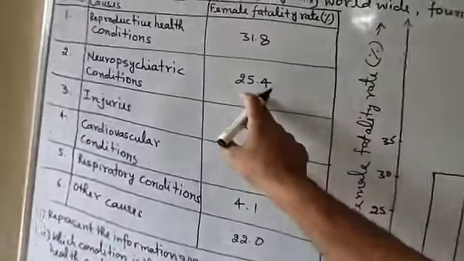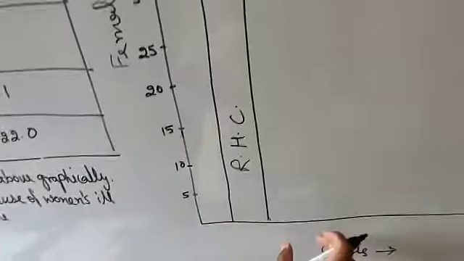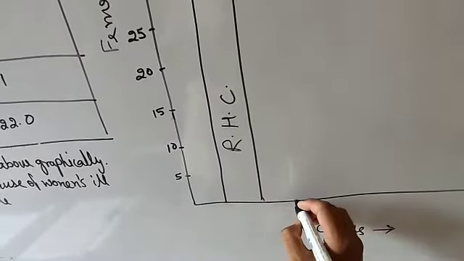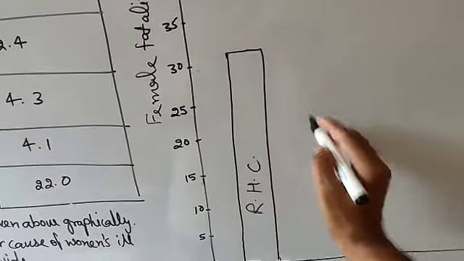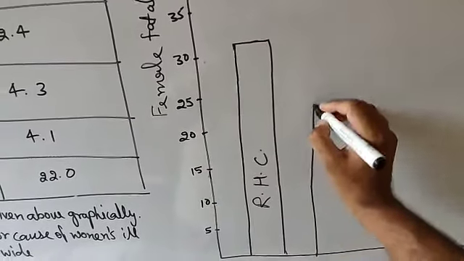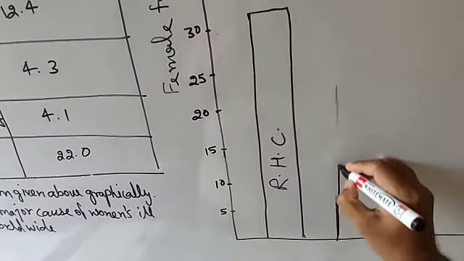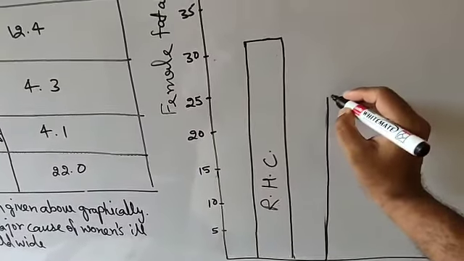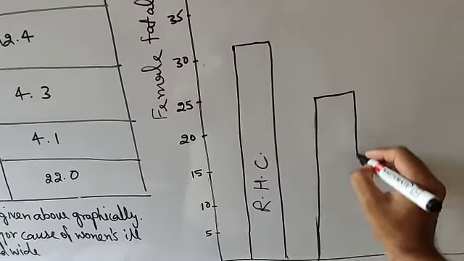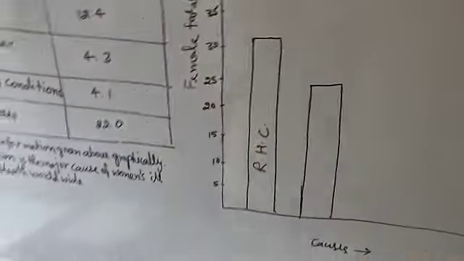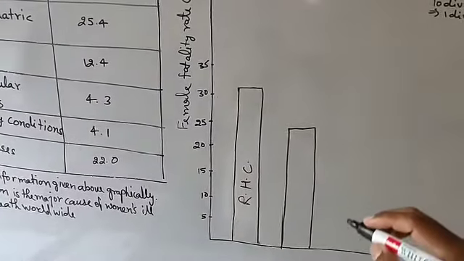Now the next one is 25.4. So leave that space. Again equal gap should be there. So here you need to leave that space, and after that 25.4. So 25 will be here, and 25.4 will be one small box above the 25. So here it is 25.4, and it is going to represent nephrotic condition.